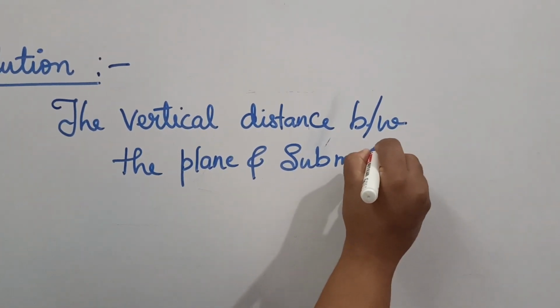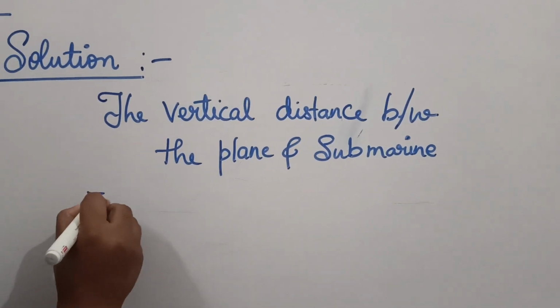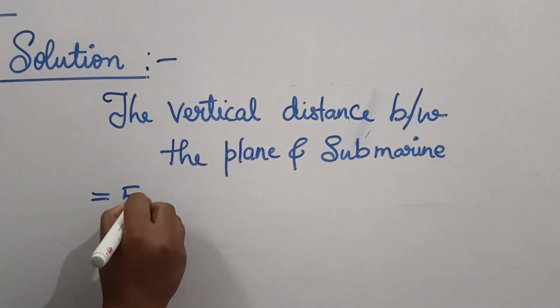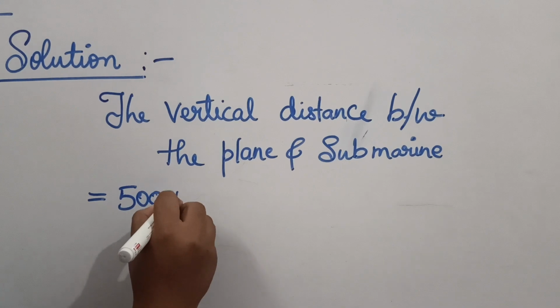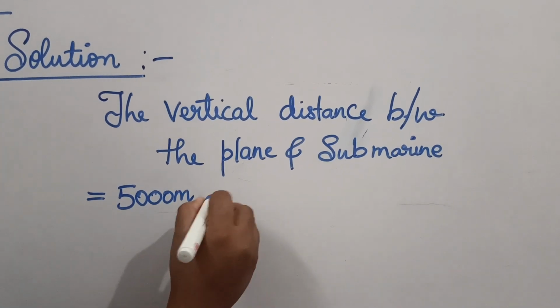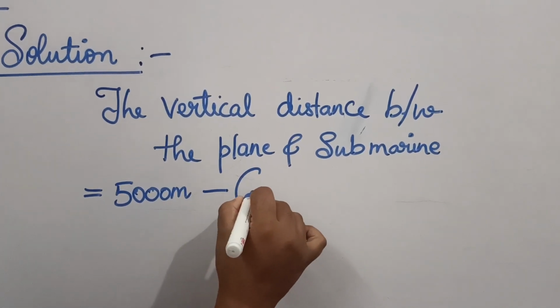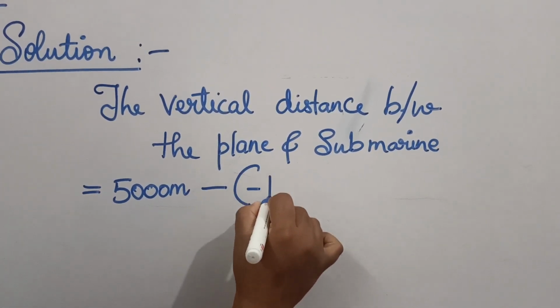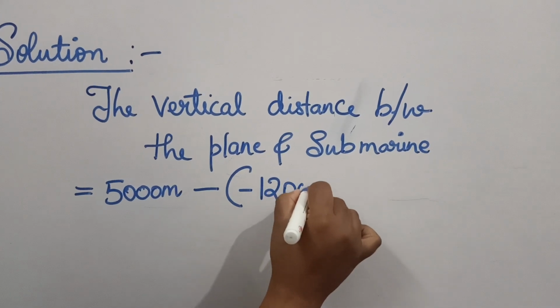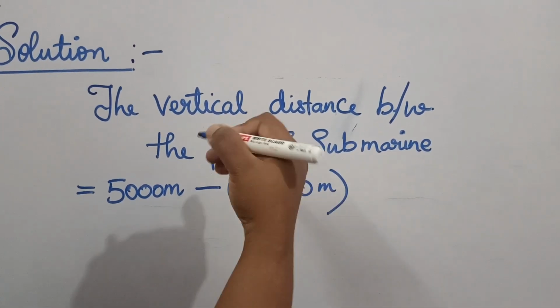What is the distance? How do you find it out? Is equal to, plane is 5,000 meters above, and you have to find the distance. So minus, the submarine is minus 1,200 meters. It's below the sea level, that's why.